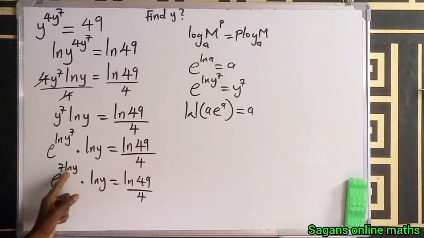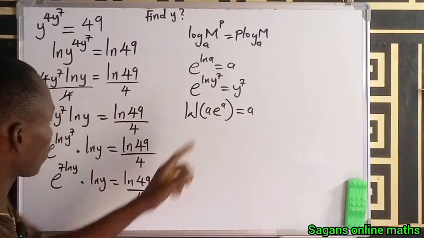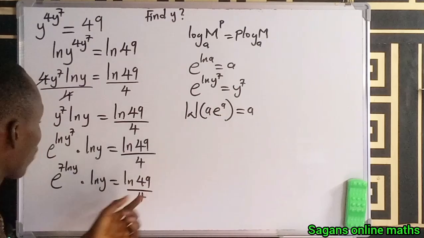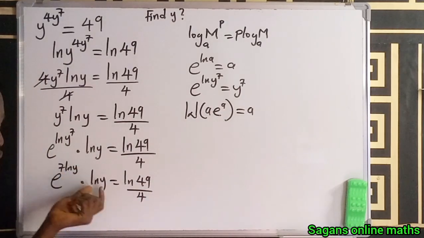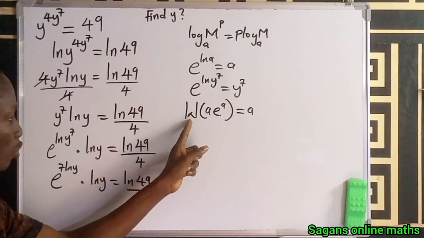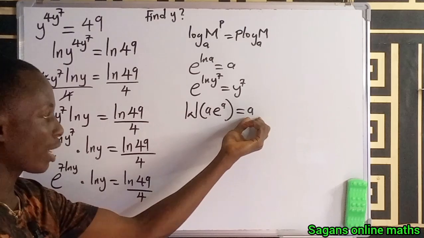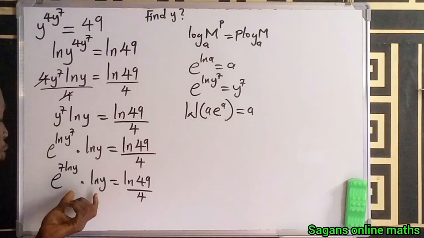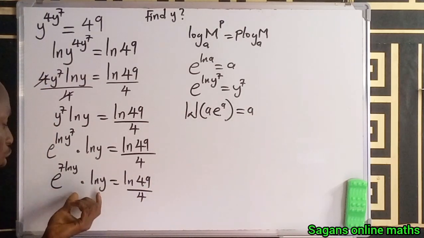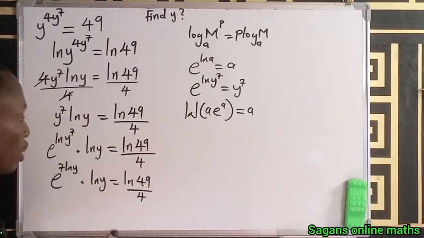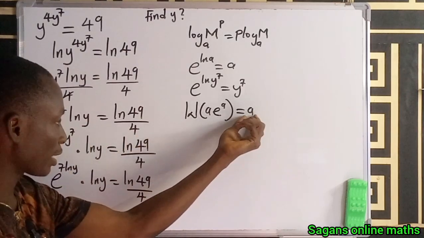If the power here is 7 ln y and the multiplier is also 7 ln y, so that if we take the Lambert W function, we can have a single value, which is just a.